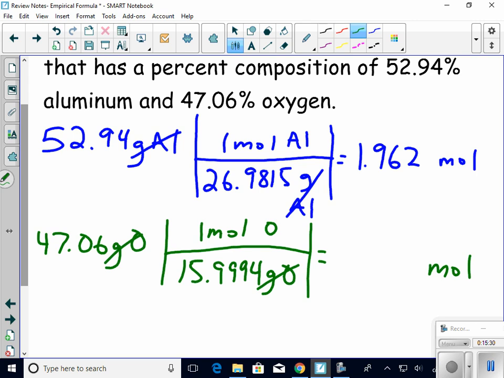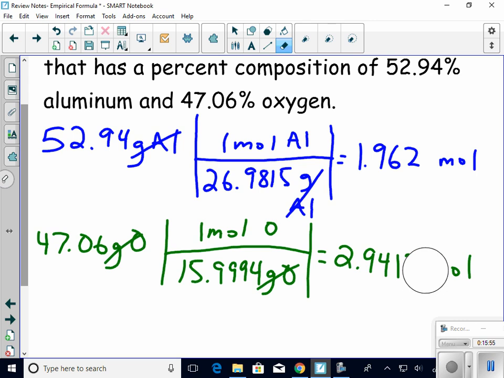So when I divide this new value out, 47.06 divided by 15.9994 is going to give me 2.9413. Sorry, Brooke, I'll round that. I know. I don't want to throw you all off.